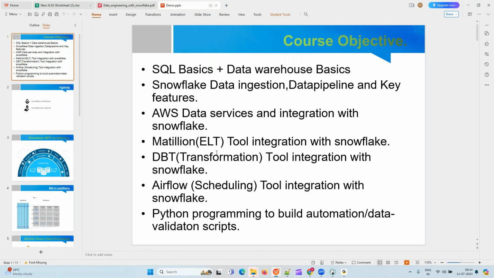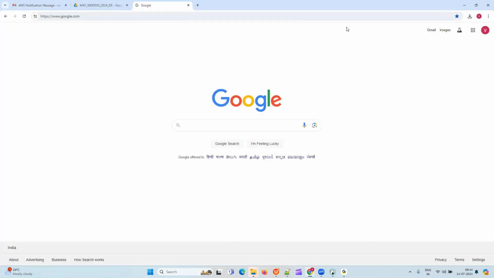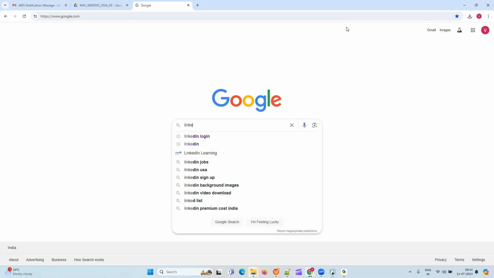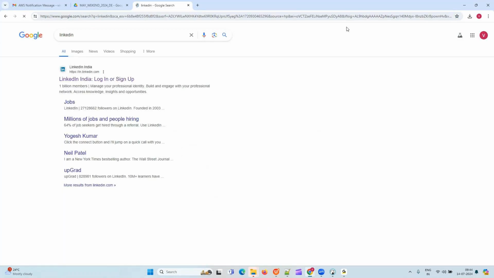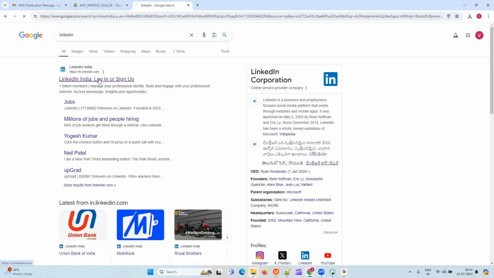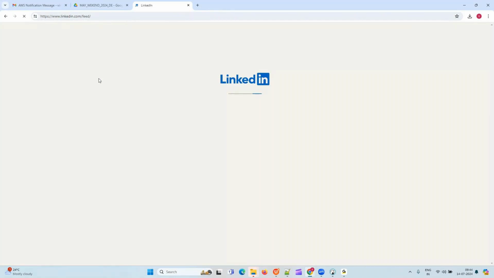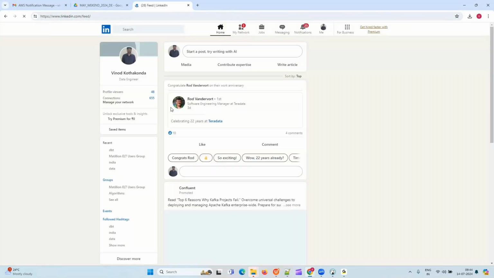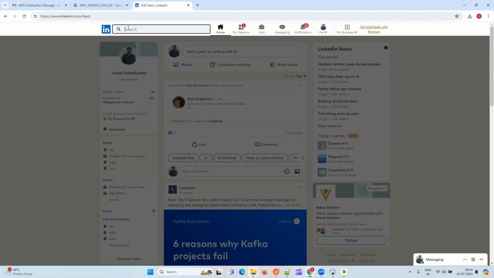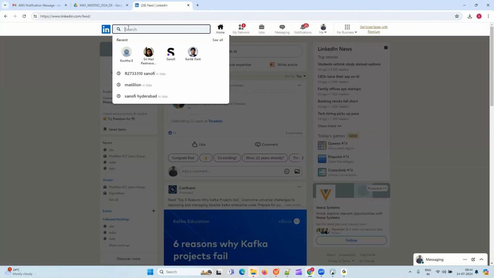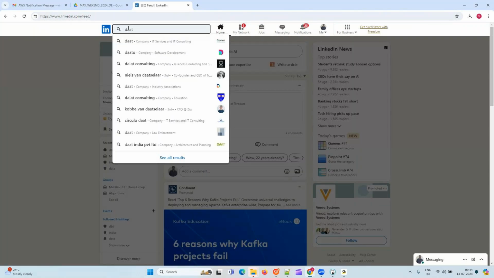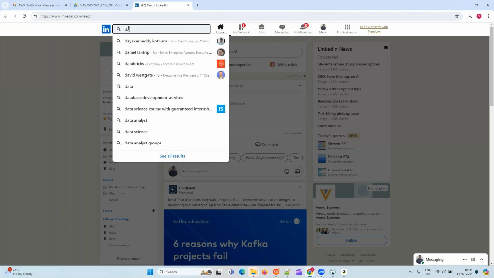So first of all, if you go to any job profile or job market, let's take LinkedIn, which is one of the famous sites where you will get a lot of job opportunities, right? So let us see what a data engineer job description looks like. I'm going to just check data engineer job description.